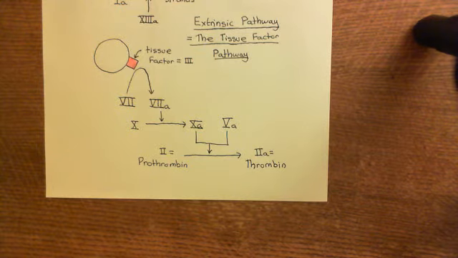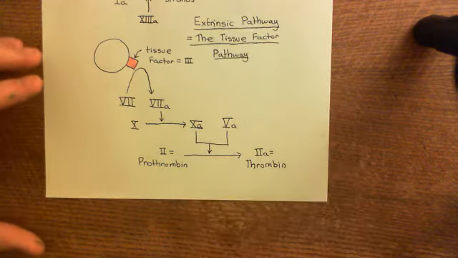Now, the intrinsic pathway is doing this when you expose the contents of the blood to collagen, and the extrinsic pathway is doing it when you expose the contents of the blood to tissue factor. So, if you overall just want the bigger picture, that is it. That when you expose blood to tissue factor and collagen, it causes an internal component of the blood, fibrinogen, to be assembled into huge, great strands, basically.